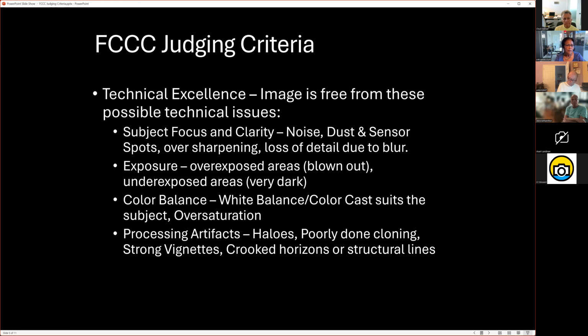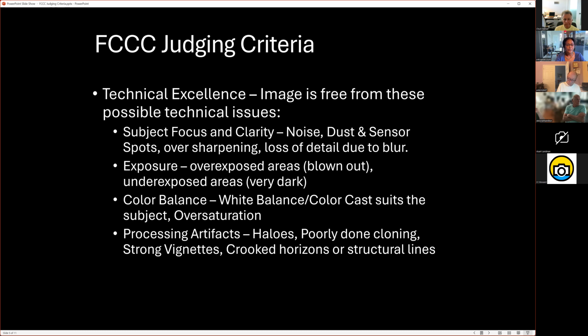Okay. We move to technical excellence. The image is free from these possible technical issues. Item 1, the subject focus and clarity, which covers noise, dust, and sensor spots, over-sharpening, and loss of detail due to blur. Item 2, exposure: overexposed areas blown out, or underexposed areas very dark.